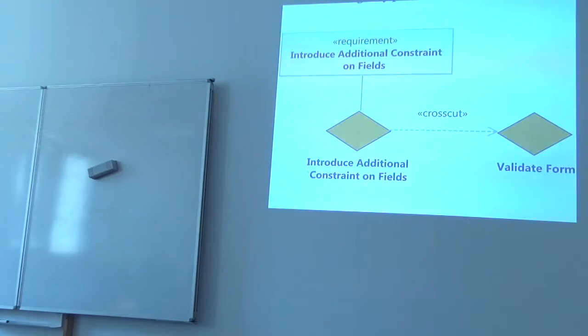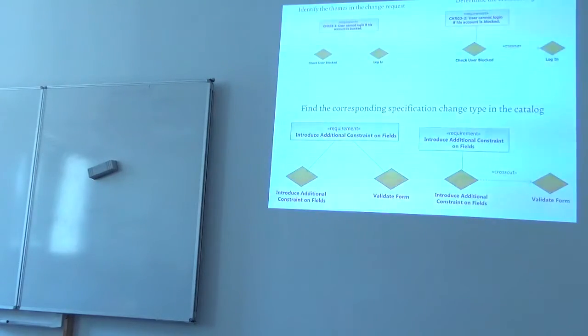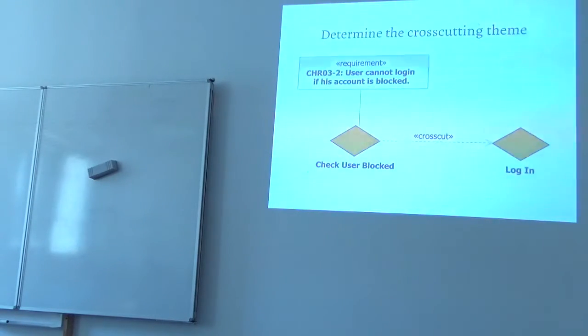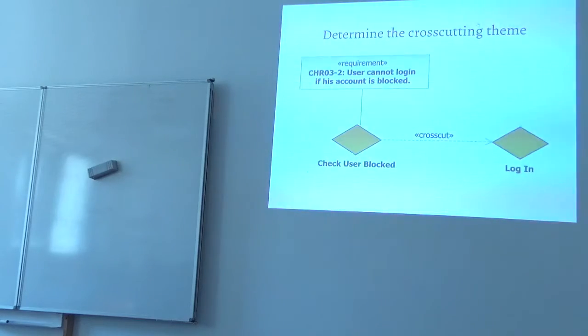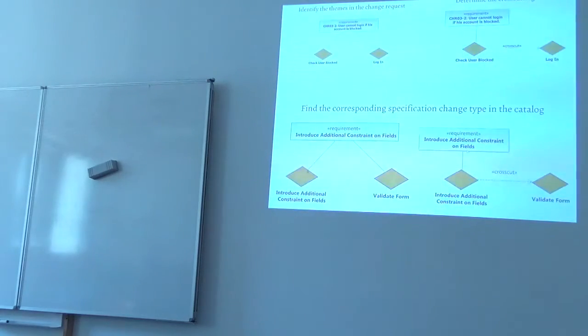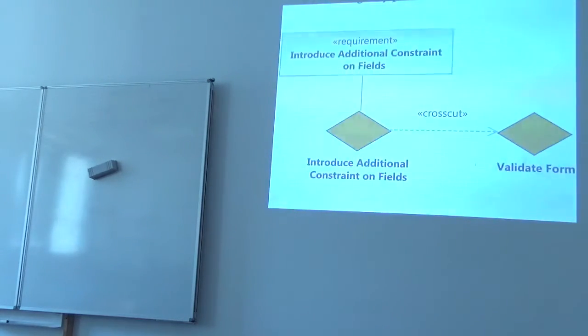So looking at this, you see no signs of your application domain. Introduce additional constraint on fields. Nobody is mentioning any kind of what we had here, user accounts or whatever. Not even to mention that this is a banking system or something like this. This is a kind of generalized form.